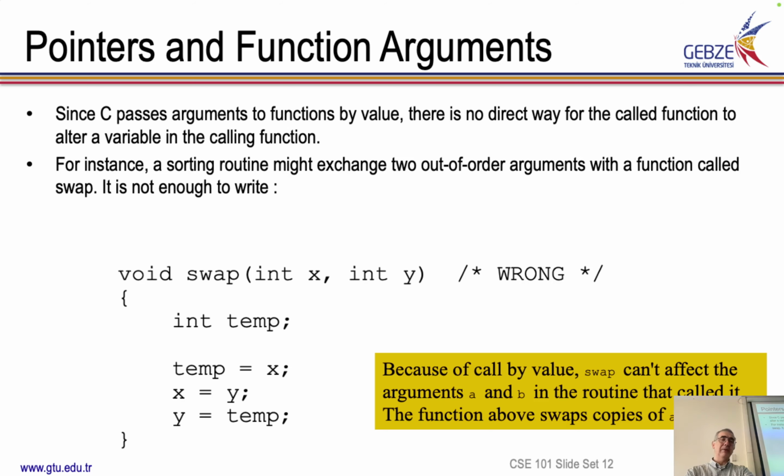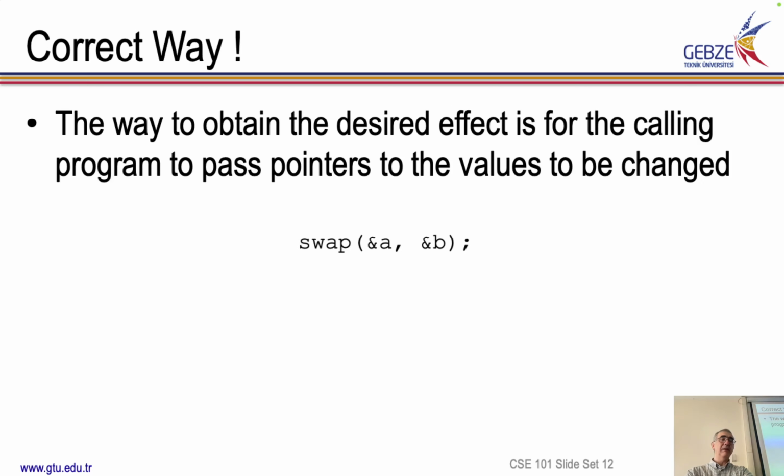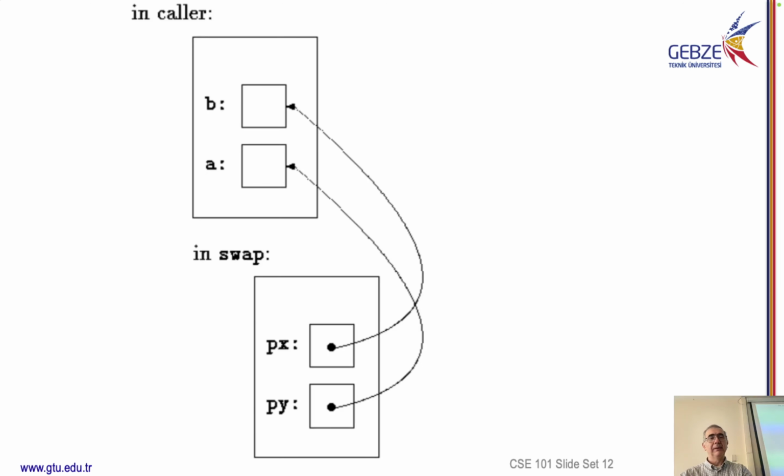So this is wrong. What we do is we send the addresses of the variables. When we send the address of variables, they go, and furthermore, they can come back. Okay?